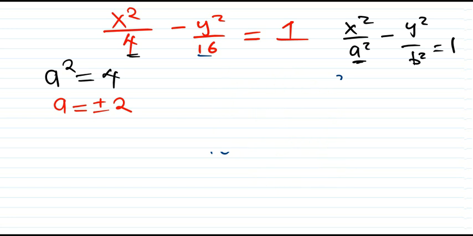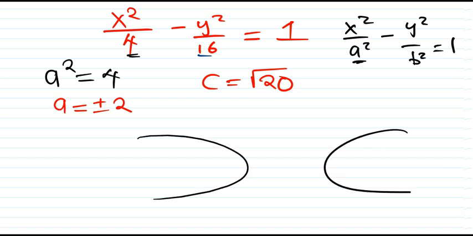Our c is the root of 20. I think with the confidence that we have at this point, if you paid attention to my explanation of the diagram that we had before, this is what we said. This is the center. The distance from here to the vertex, which is the shorter one, is a.